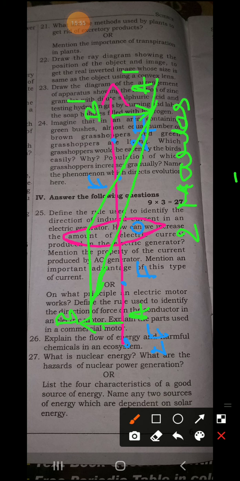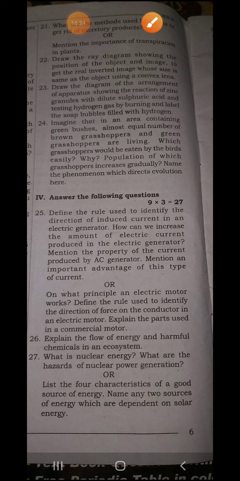Children, just now we have drawn the ray diagram of a convex lens showing the position of the object and image to get a real and inverted image whose size is the same as that of the object. So this is the diagram. Next, 23rd question.